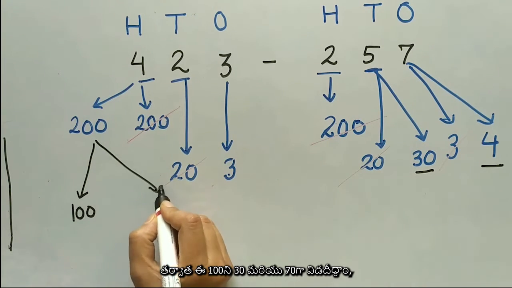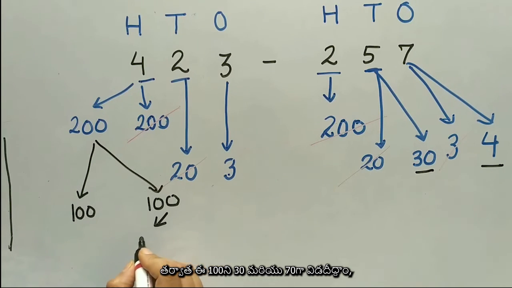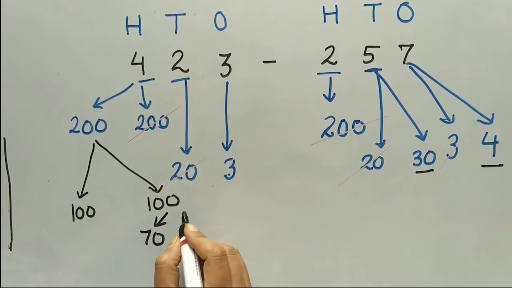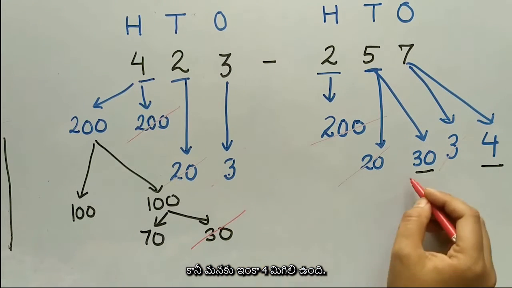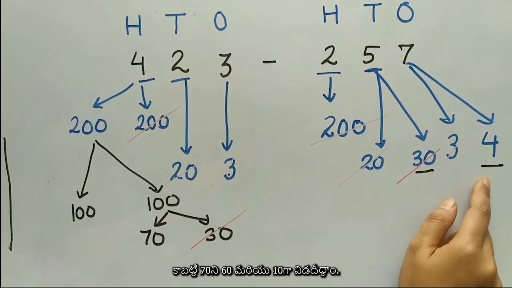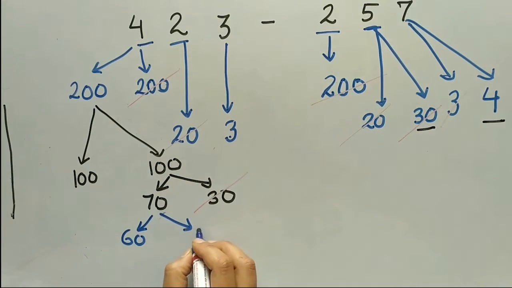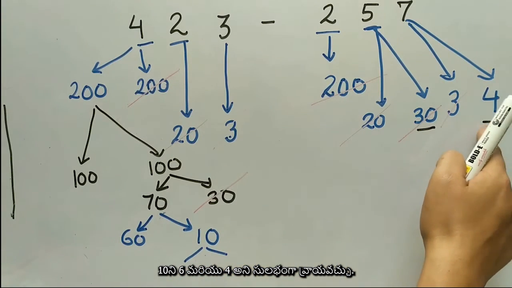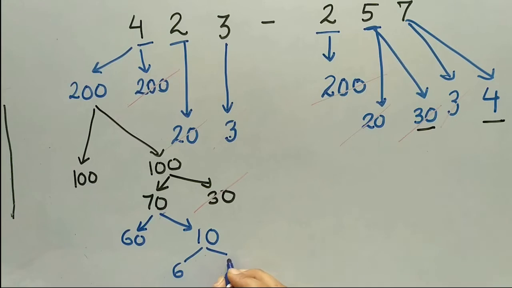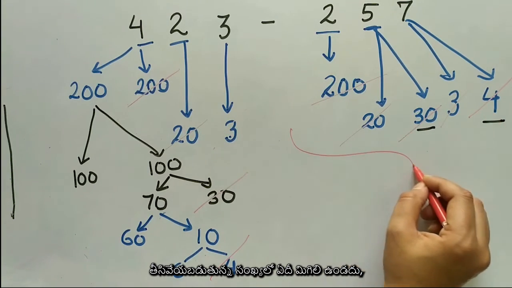Then this 100 into 30 and 70. So this 30 gets subtracted. But we are still left with 4. So let's break 70 more into 60 and 10. I can easily write 10 as 6 and 4, right? Now 4 gets subtracted. Nothing is left in the subtrahend.